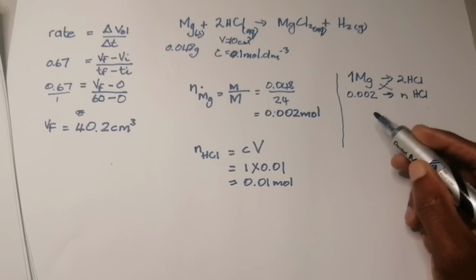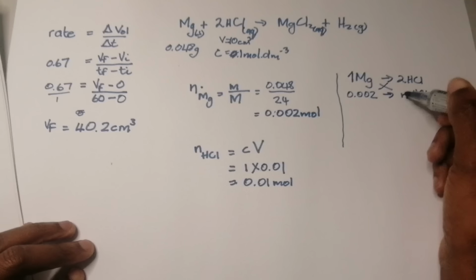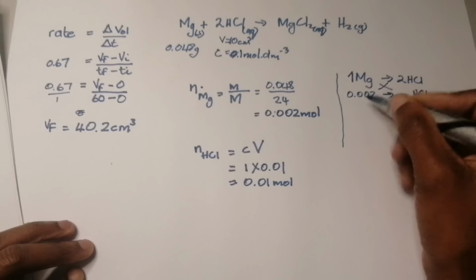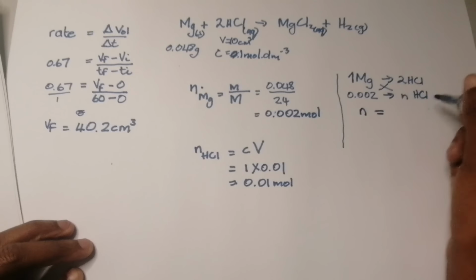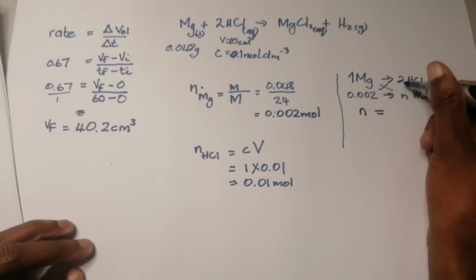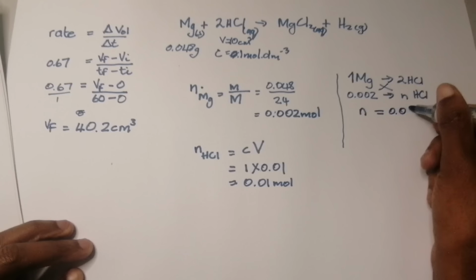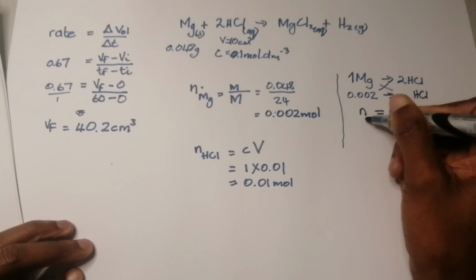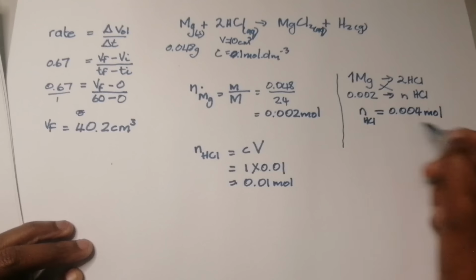I want to know how much hydrochloric acid will react. So let's cross multiply. Remember I said to you, we only use the coefficients, right? N times 1. So the number of moles of hydrochloric acid, N times 1 is N. And in this case, 0.002 times 2 will give me 0.004 moles. Okay, so these are the actual number of moles of hydrochloric acid that are going to react.